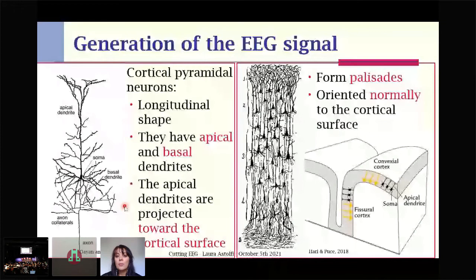Basically, their shape, which is longitudinally distributed, their orientation with respect to the cortical surface, they're usually normally oriented with respect to the cortical surface, and their relative position, because they are disposed neatly in palisades, which means benches. So they are all in parallel disposition, which helps producing a signal that we are able to measure even at a distance from the sources, like we do with non-invasive measures.